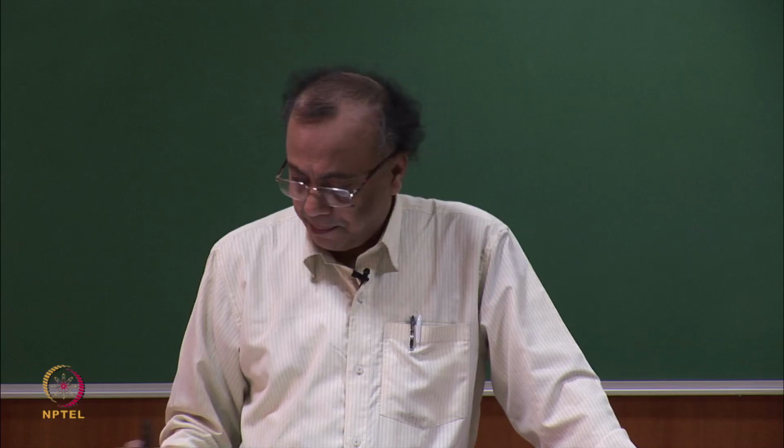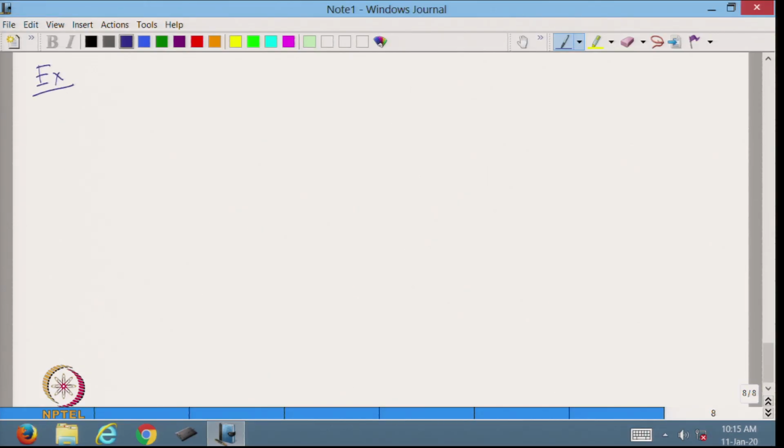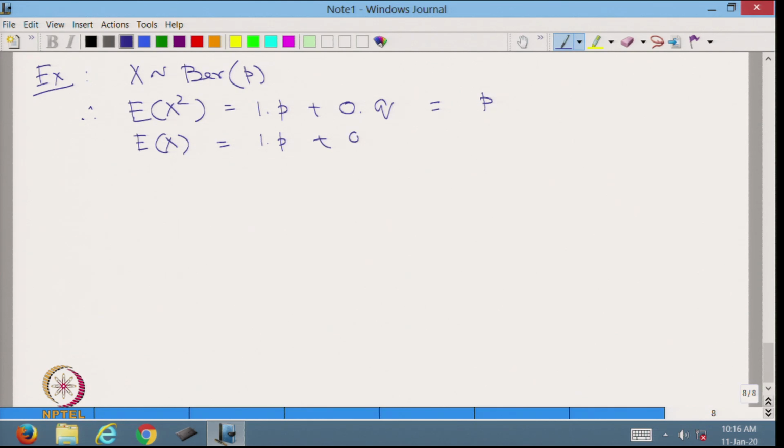So, let us give some examples. X is Bernoulli with parameter p. Therefore, expected value of X square is equal to 1 times p plus 0 times q, which is equal to p, and expected value of X is also 1 times p plus 0 times q, which is equal to p.